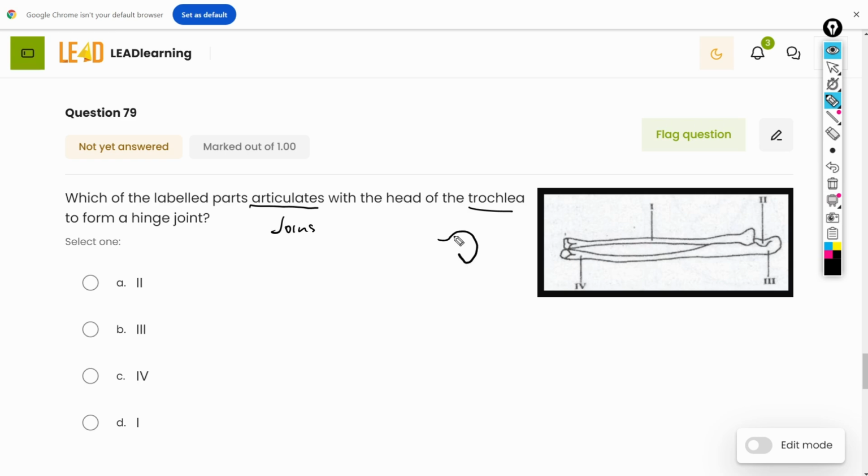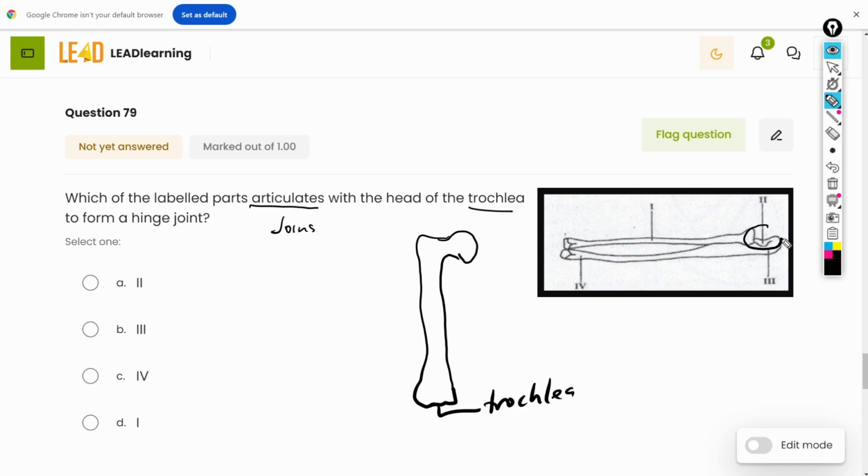The humerus has a ball-like head, and then this point here is the trochlea, and it joins to the part labeled 2.